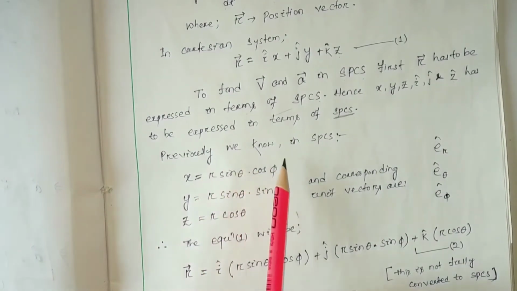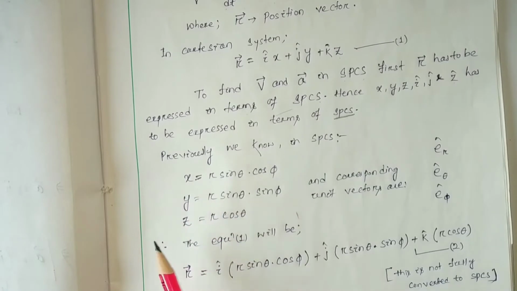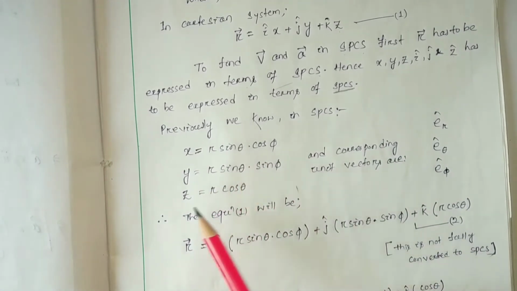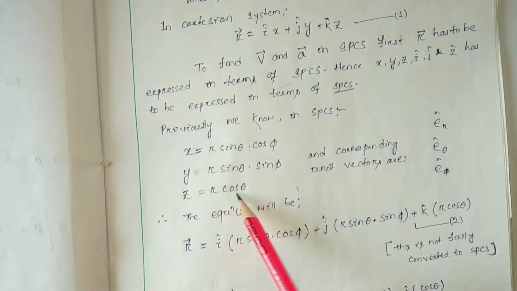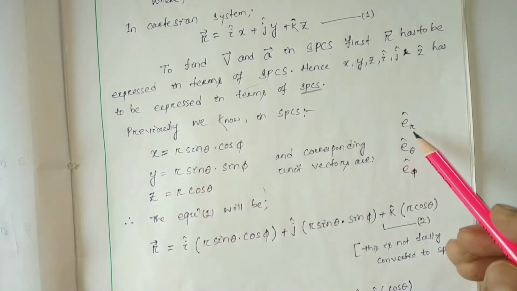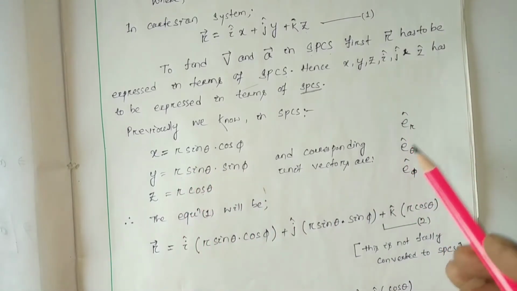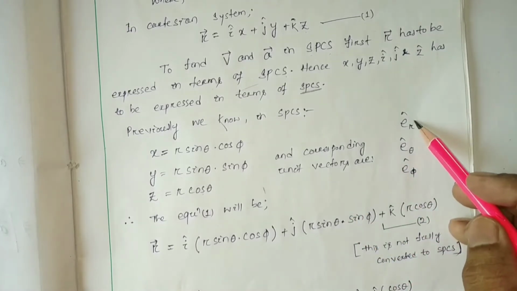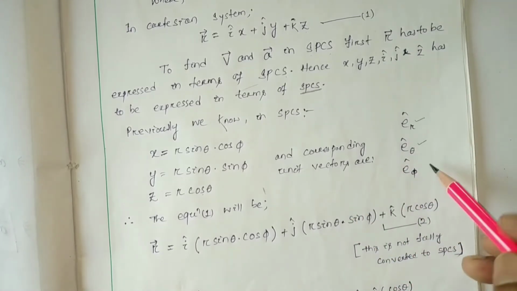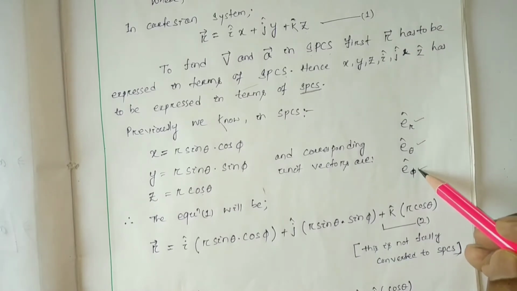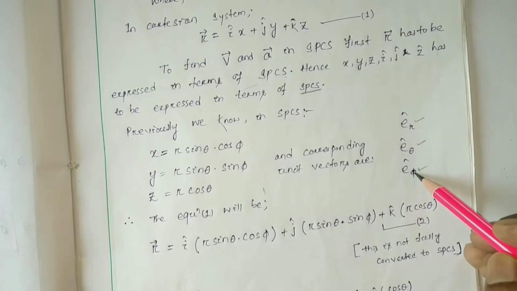Previously, we know that in SPCS, x is r sin theta cos phi, y is r sin theta sin phi, z is r cos theta, and the corresponding unit vectors are e r cap, e theta cap, e phi cap. This is the radial component, this is the theta component, and this belongs to the azimuthal change, e phi cap.